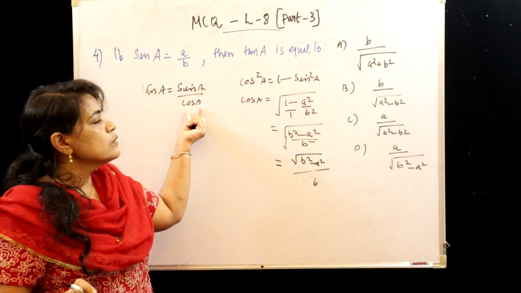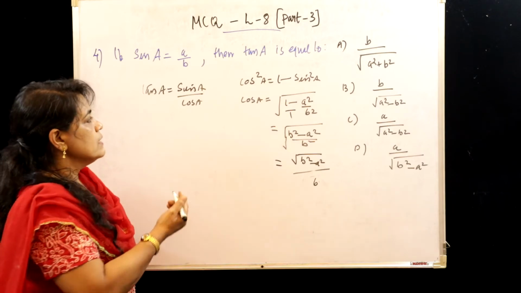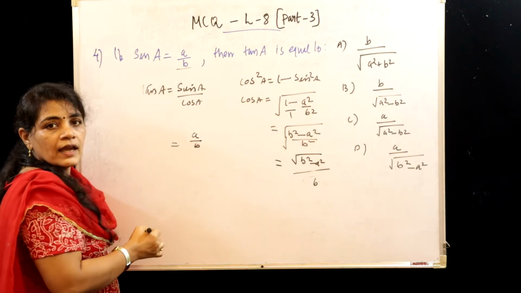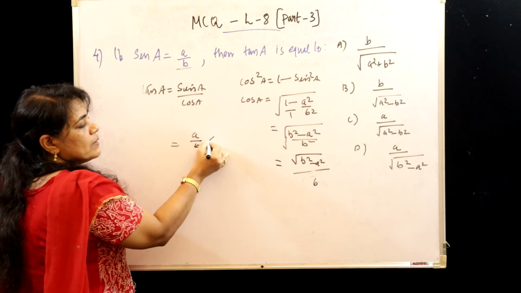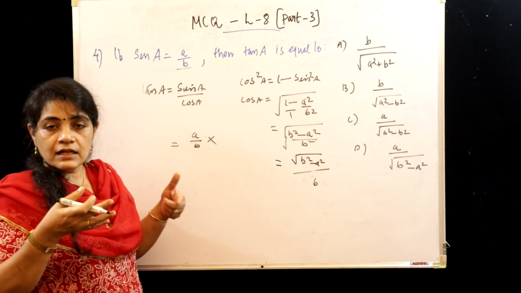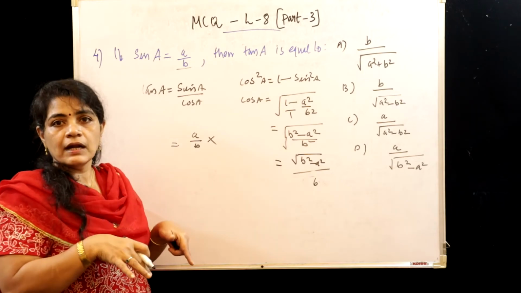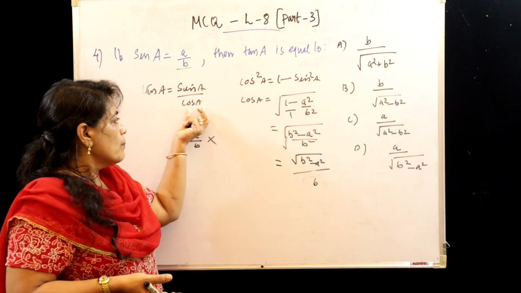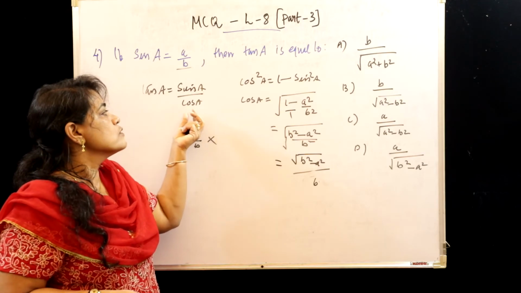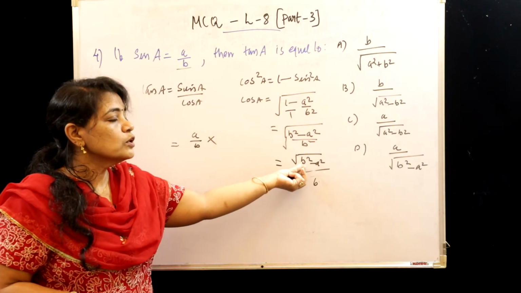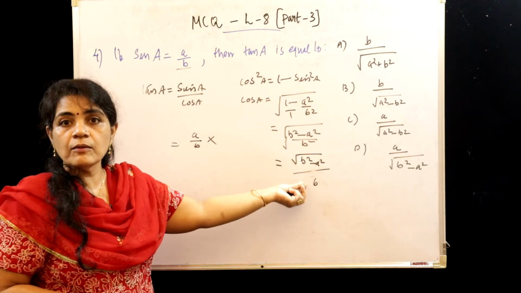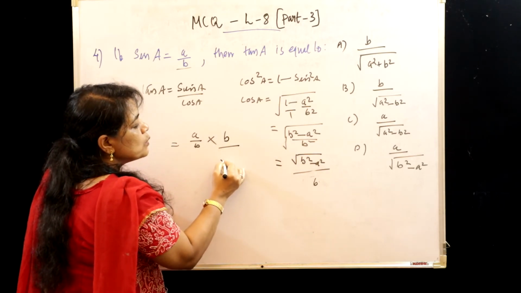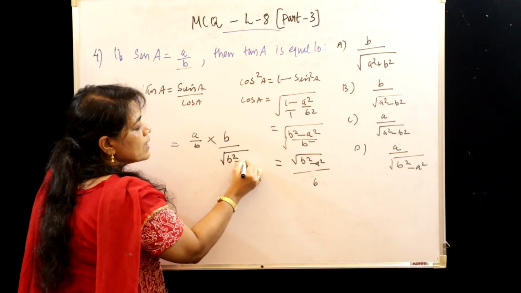So if you substitute here, you will get the answer. Sin A is already A by B, divided by cos A, which means multiplication: take the reciprocal and multiply. That is the usual procedure we apply to solve such problems. So cos A is root of B square minus A square by B. Take its reciprocal, B by root of B square minus A square.